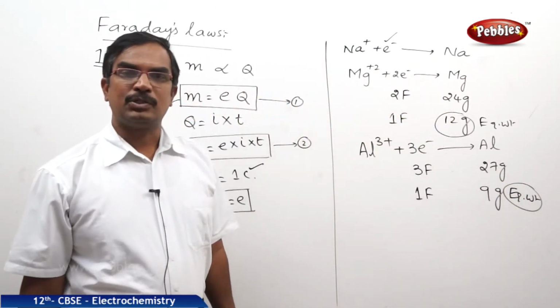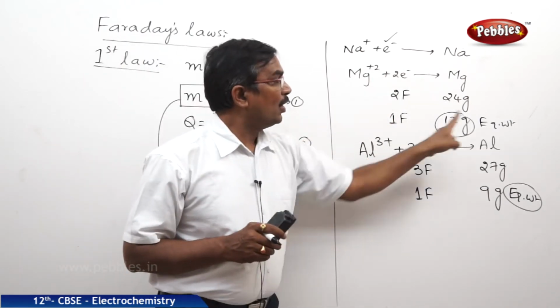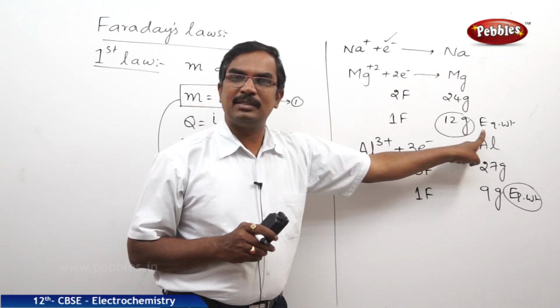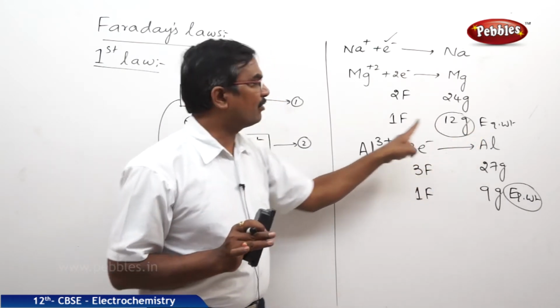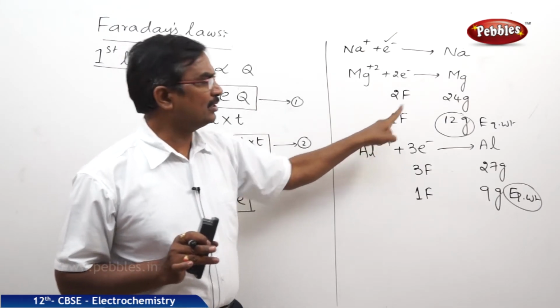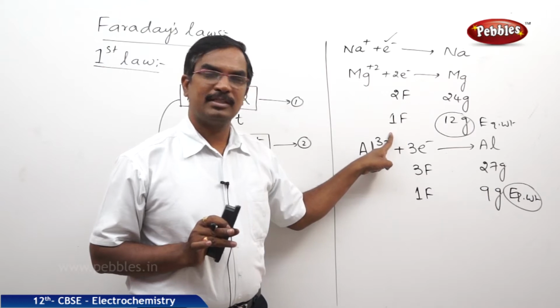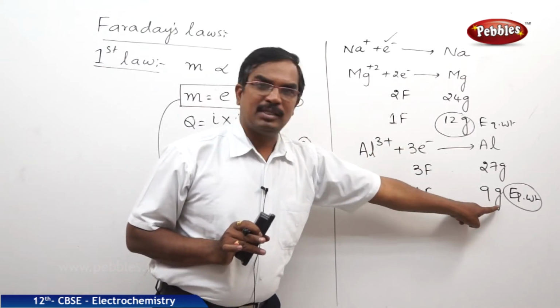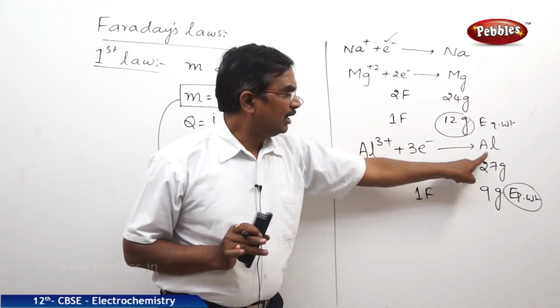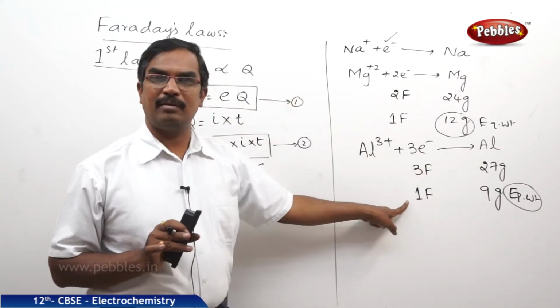So from this I can conclude that for the deposition of one equivalent weight of a substance, we always require 1 Faraday. So to deposit 12 grams of magnesium, we require 1 Faraday. Similarly, to deposit 9 grams, which is the 1 gram equivalent weight of aluminum, we require 1 Faraday.